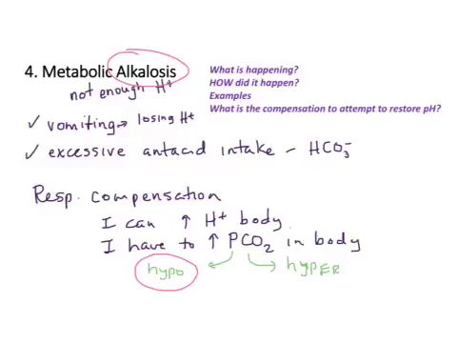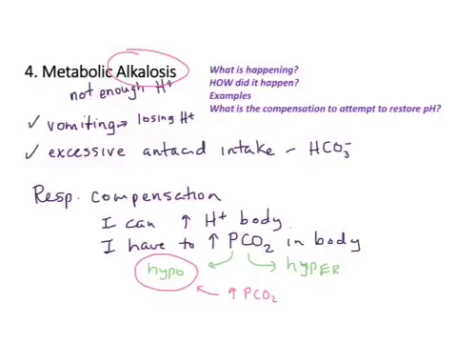Metabolic acidosis, all these mechanisms that we see with the renal system and the respiratory system as compensation are fairly good in bringing back the slight changes that we need within these physiological limits of pH. Metabolic alkalosis is one of those where we have a difficult time, because if hypoventilation is what we're trying to do, hypoventilation would cause an increase in the PCO2 in the body.